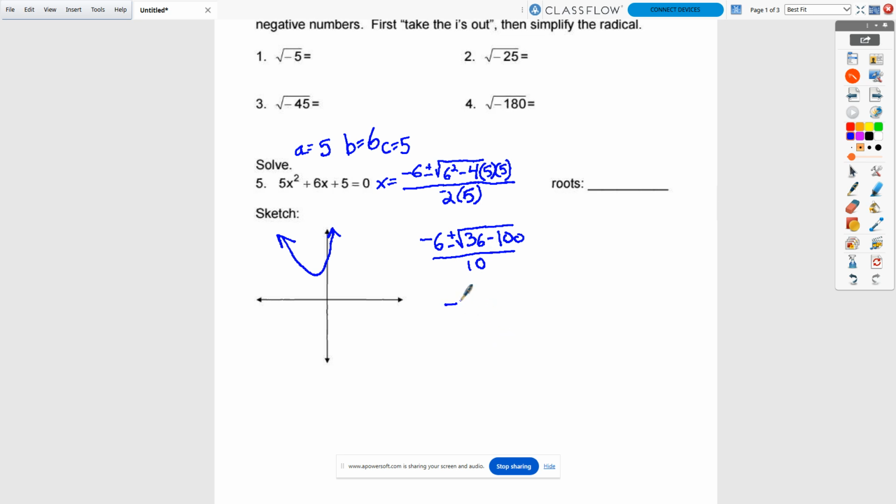So I have negative 6 plus or minus the square root of negative 64 over 10.